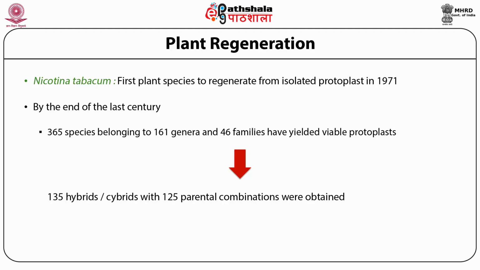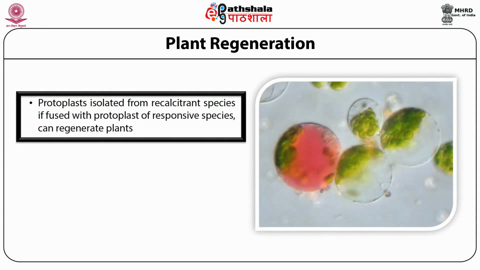It's also one of the things which you have learned in the past that there are a few species which are recalcitrant. There are genes which are responsible for good regeneration. So one of the things that protoplast hybridization gives you is that you produce a hybrid of a species which has good regeneration potential with a species which is recalcitrant.